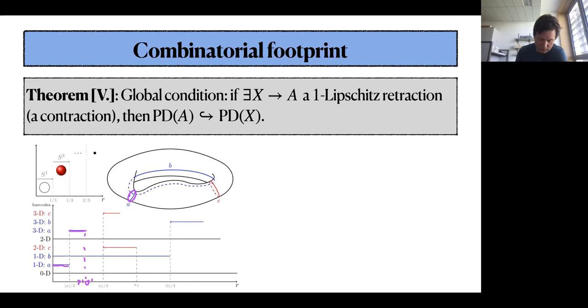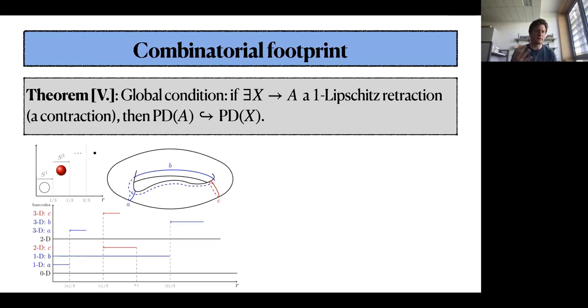Maybe I don't want to mess things up here. And then we'll get a five-dimensional bar and so on. So the entire combinatorial picture of a one-dimensional circle appears there. And the same holds for B, essentially. So this explains this new bar.